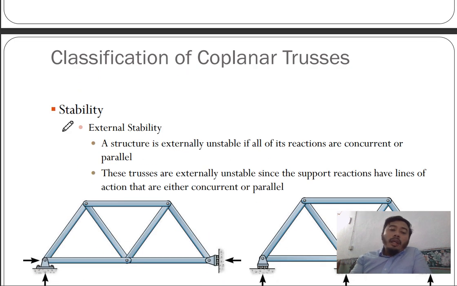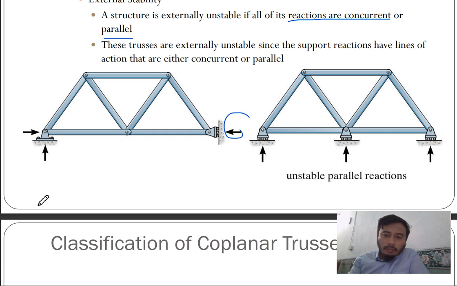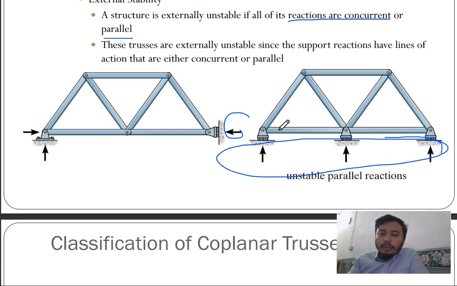External stability. A structure is externally unstable if all of its reactions are concurrent. This we've talked about in the video on statically determinate frames. If the force reactions are concurrent or parallel, like this one, where all supports are rollers, then the structure is unstable.